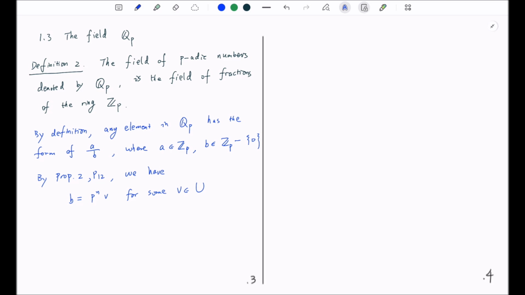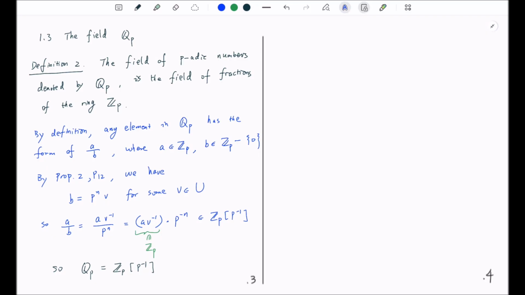So we can write A over B as follows, where this part is clearly in Z_p as a product of two elements in Z_p. And this whole thing lives in the ring Z_p adjoining p inverse. So we can think of Q_p as Z_p adjoining p inverse.